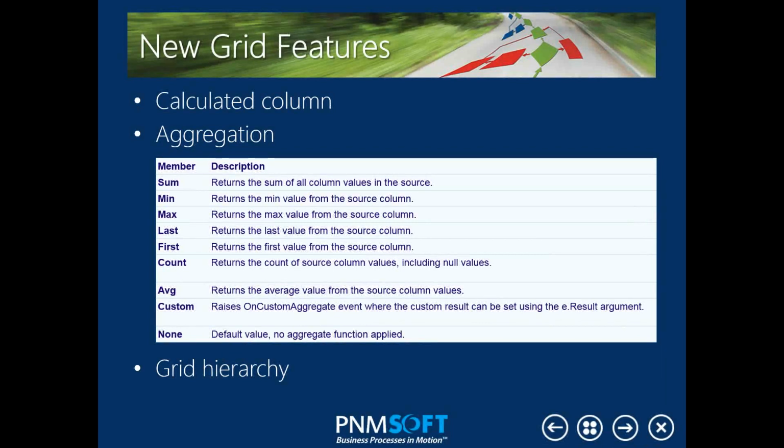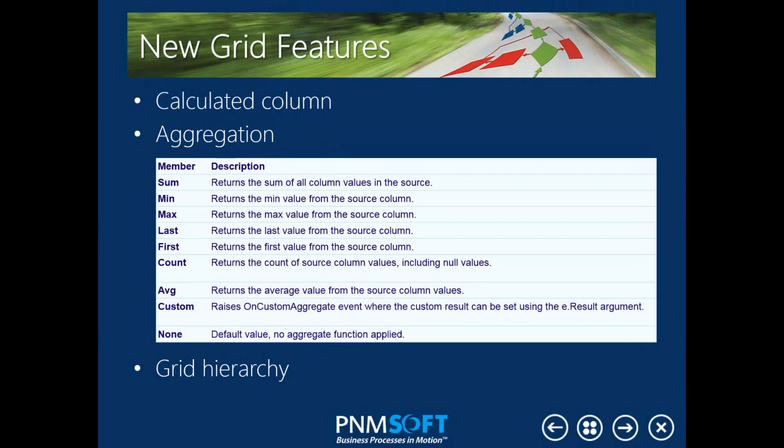In other words, it's very useful if you want to present two or more tables that have a relation between them. For example, let's say you have a table for customers and another table for the contact details, and you want to display those two tables together in two grids that are nested within each other. Okay, so you can do it with the grid hierarchy feature.